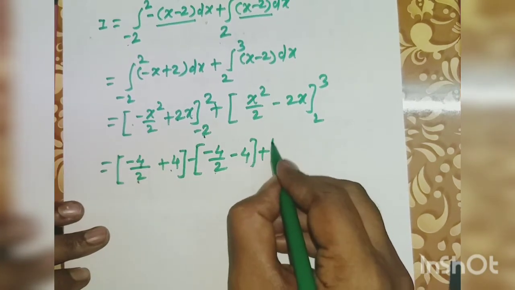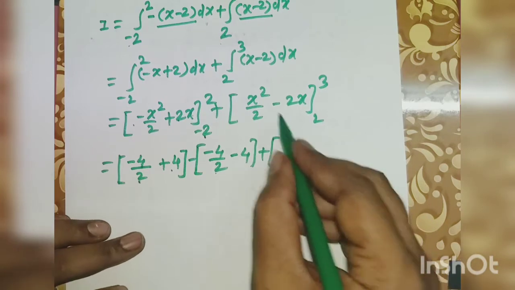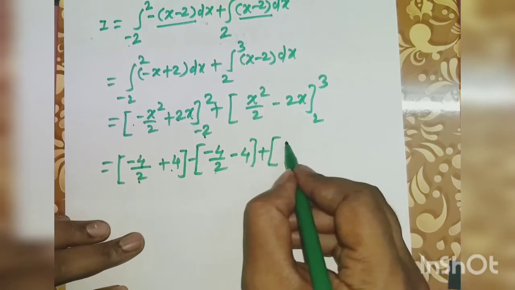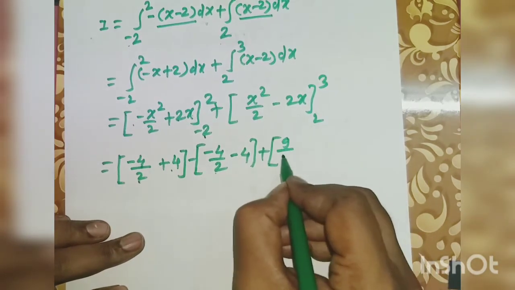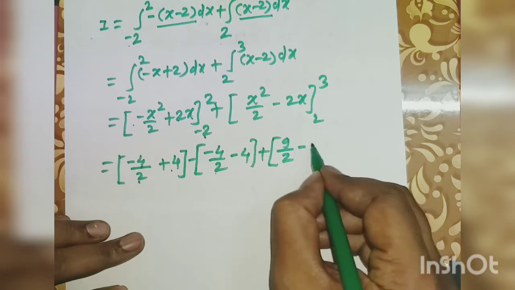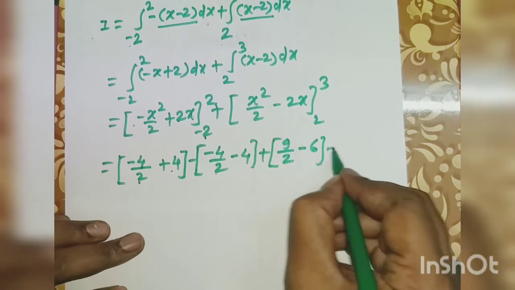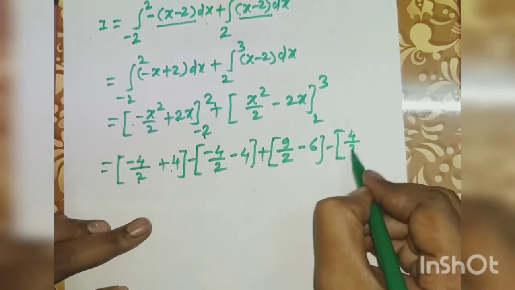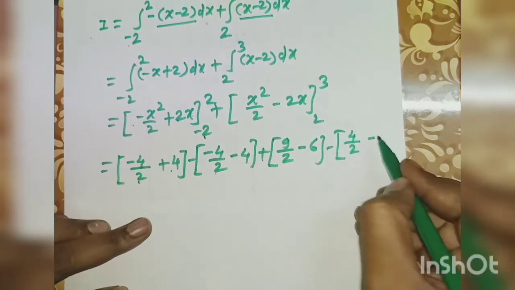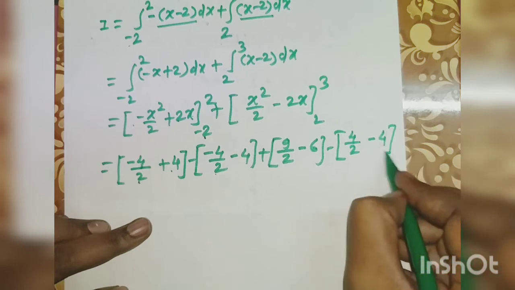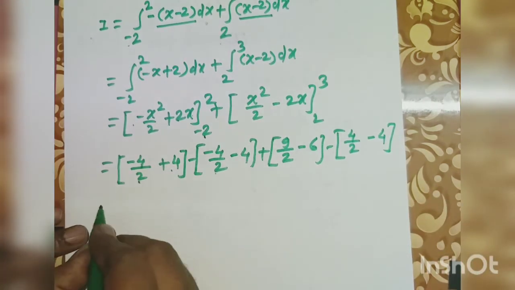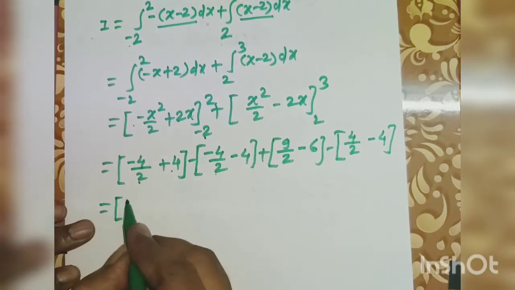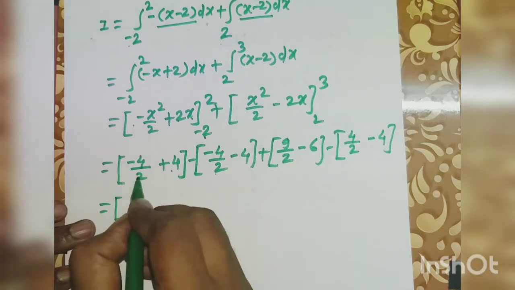plus here again upper limit 3 square is 9 divided by 2, minus 3 into 2 is 6, minus 2 square is 4 divided by 2, minus 2 into 2 is 4. Now simplify this.